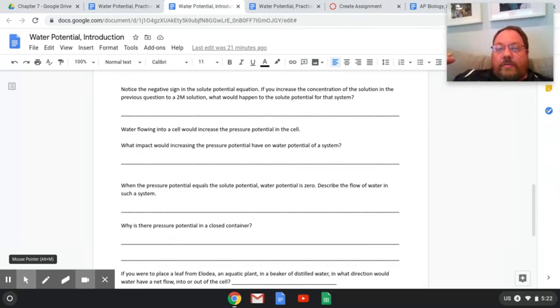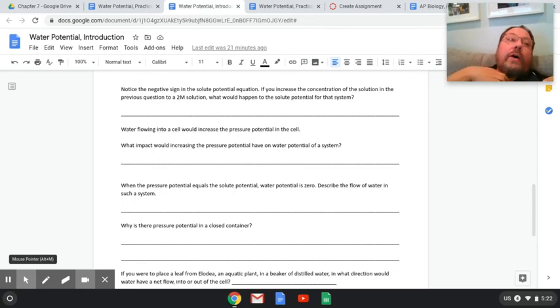So if you have a solute dissolved in a cell, it has a negative water potential, and water will flow into a cell. But as water flows in, pressure in the cell will increase, and eventually pressure potential gets high enough that if your solute potential is minus 2 and your pressure potential becomes plus 2, then those cancel one another out and your water potential becomes 0.